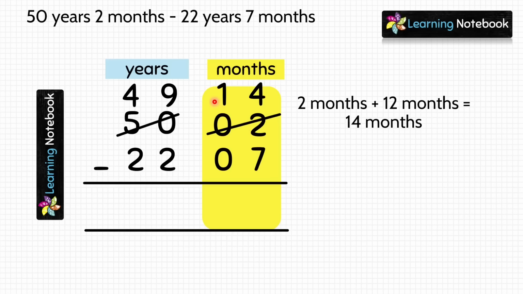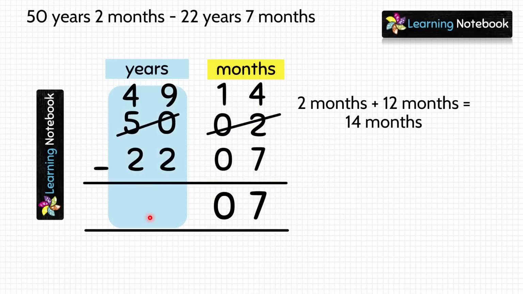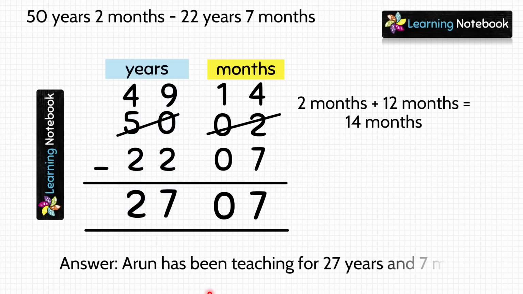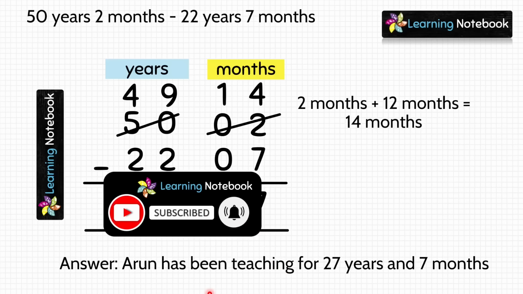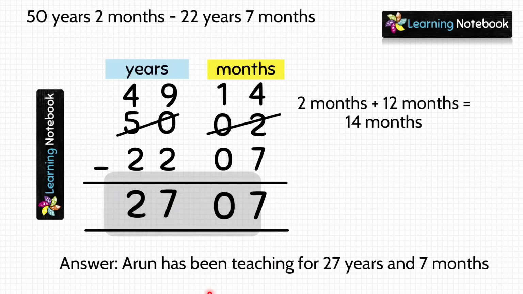Now let's subtract. 14 minus 7 equals 7. Now let's move to years column. 49 minus 22 equals 27. So we have got the answer as 27 years, 7 months. Let's write the answer statement. Arun has been teaching for 27 years and 7 months.